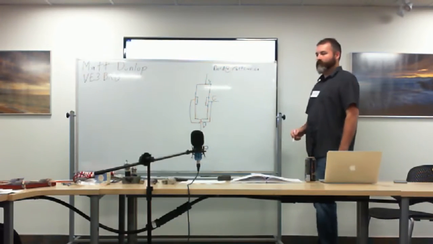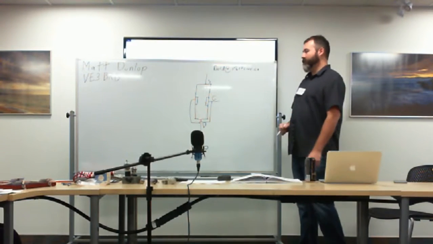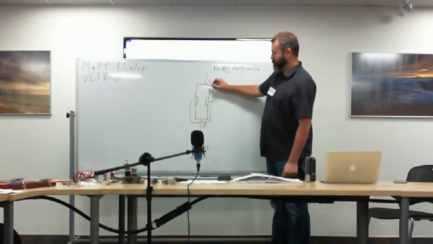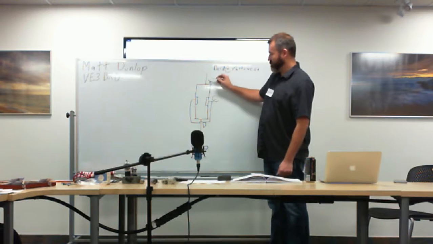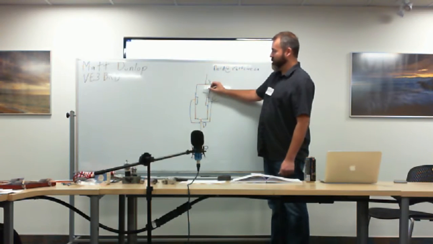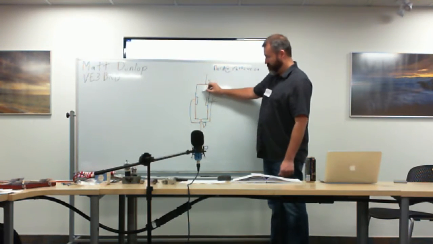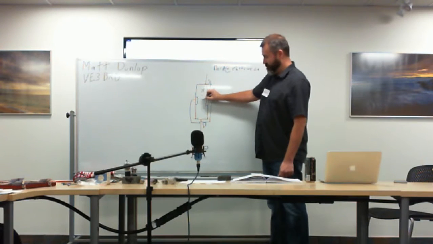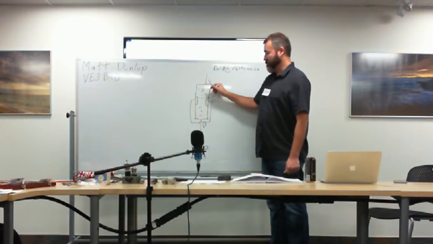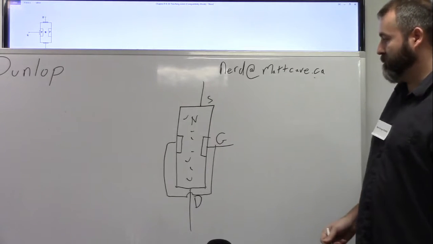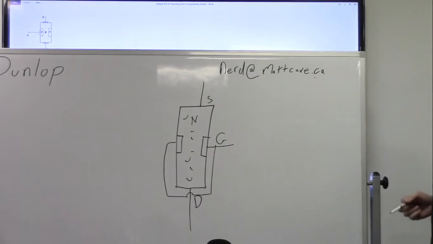So we have two types. We have an N type and a P type, and what classifies that is the material that makes up this channel here. There's a channel that goes directly across from the source to the drain, and if it's made up of N material, if it's mostly negative, then it's an N type FET, and if it's filled up with holes, making it a positive or a P type FET.